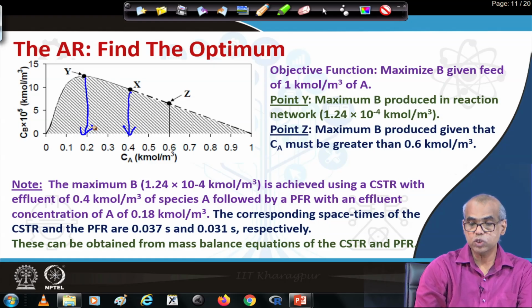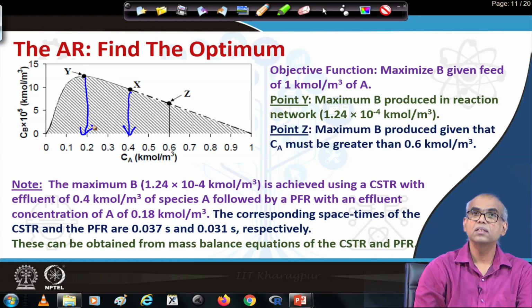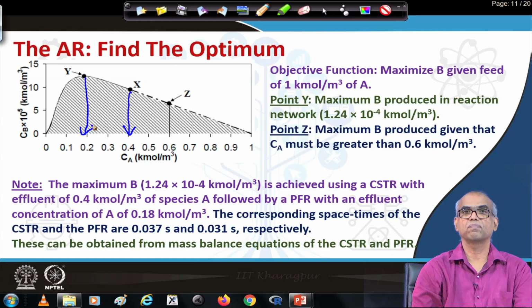How do you find out the corresponding space time of the CSTR and PFR? They can be obtained from the mass balance equations of the CSTR and PFR.